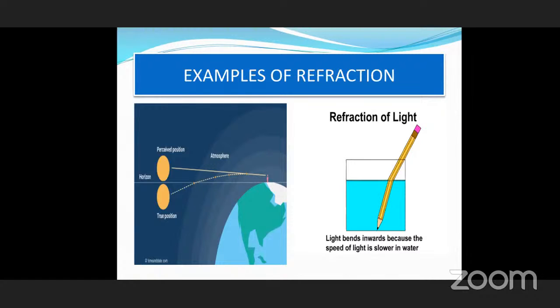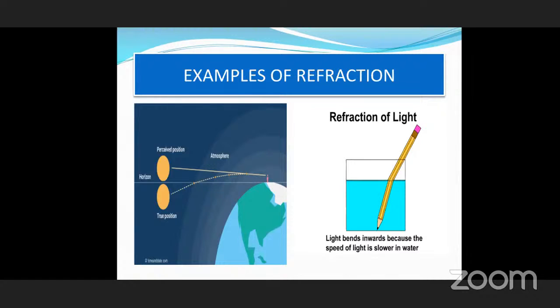The middle line is the horizon. Horizon means a straight line, horizontal to the earth's surface. Above and below, you take two positions, virtual and true. The above one is virtual. The below one is the true position of the sun.